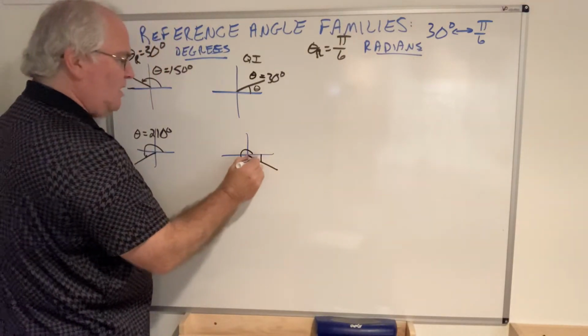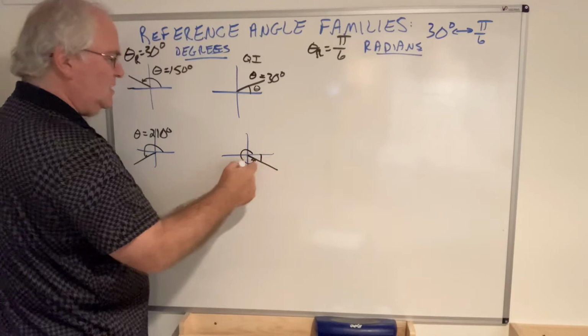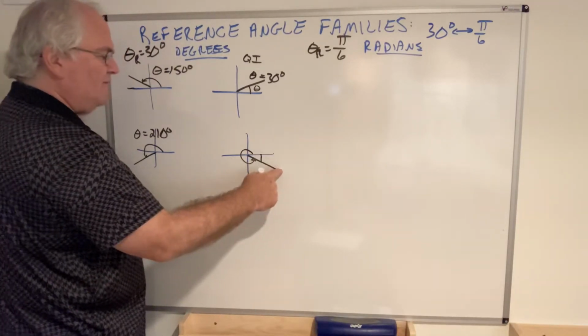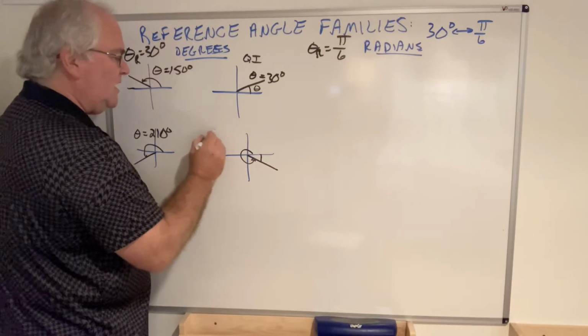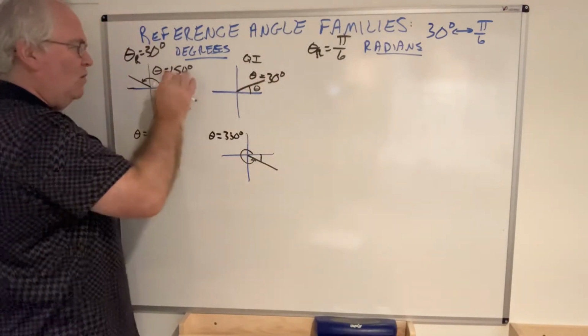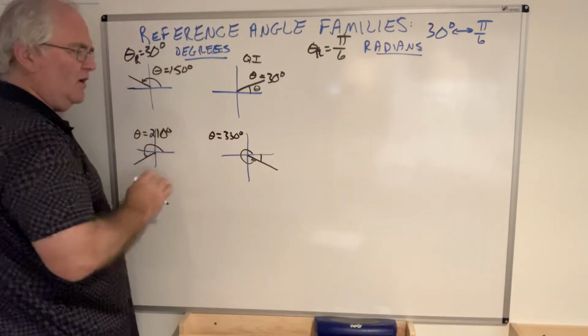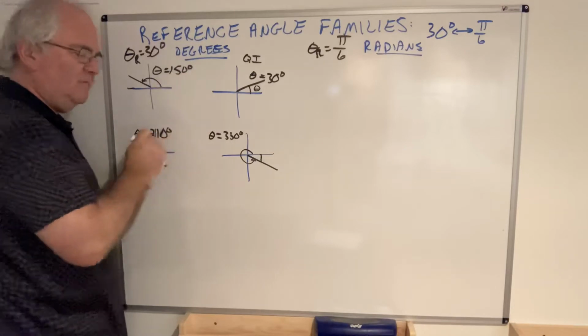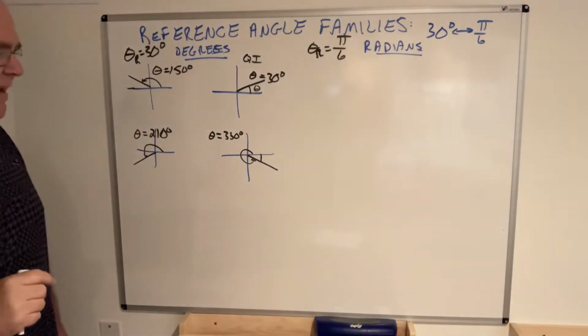So this angle is what we're looking for. If this is 30 degrees, then the angle we're looking for is 360 subtract off the 30 we don't want. So in this case, theta is 330 degrees. 30, 150, 210, 330. Those need to become just automatic in your mind so that you can do them at the drop of a hat.